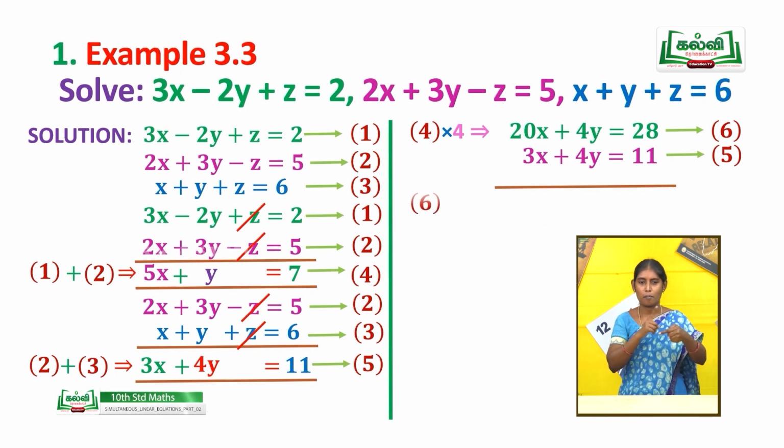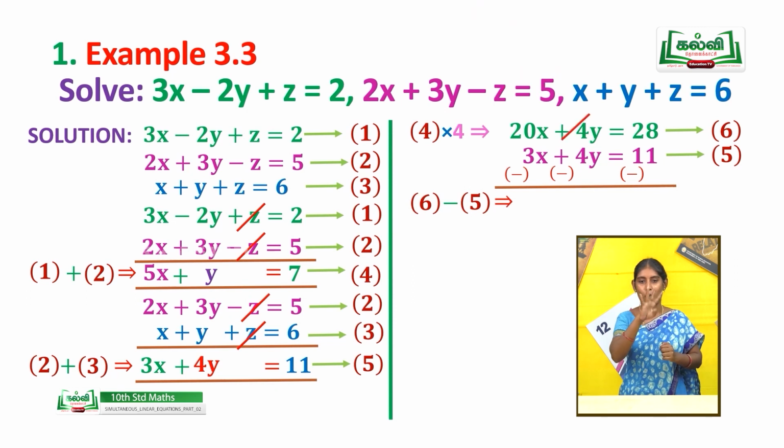Let's do 6 minus 5. For easy understanding, it is better to change the signs of the terms in equation 5. First one is plus 3x, so minus; plus 4y, so minus; plus 11, so minus. So we have changed the sign.